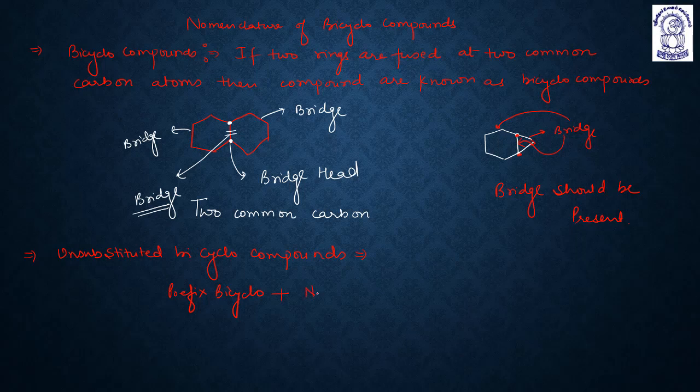Then we have to count the number of carbon atoms in all the bridges, and they have to be written in decreasing order. And then we will use a suffix for naming the parent chain or parent hydrocarbon.